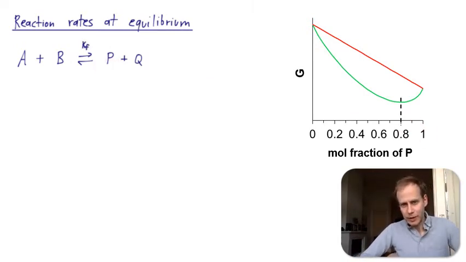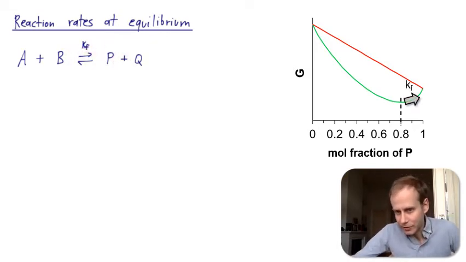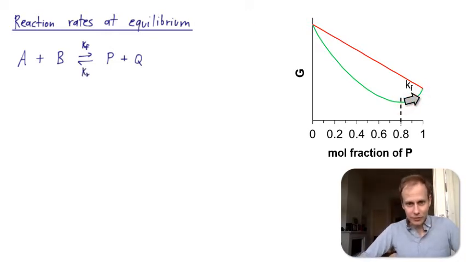And so what we can now do is assign a rate constant for the forward reaction. f stands for forward, and this basically tells us how fast the reactants go to products. But at the same time we can also have a reverse reaction where the products react back to reactants, with k_r.